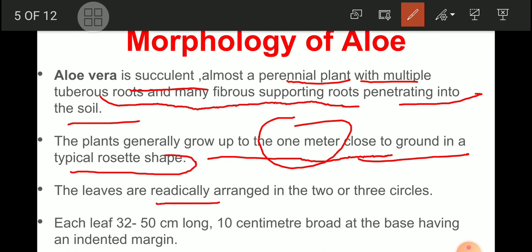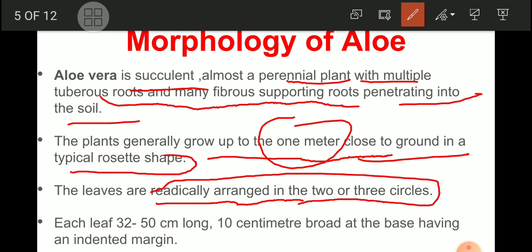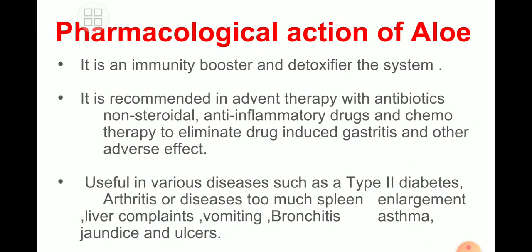The leaves are radially arranged in 2 or 3 circles. Each leaf is 32 to 50 centimeters long, 10 centimeters broad at the base, and having a toothed margin that we can find on the leaf of this aloe plant.